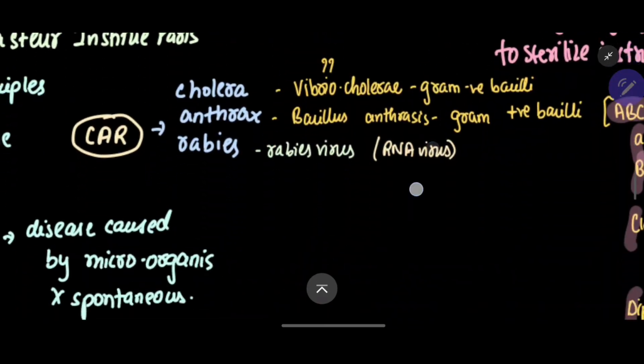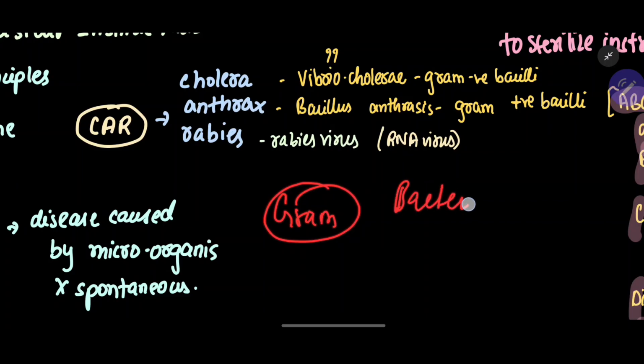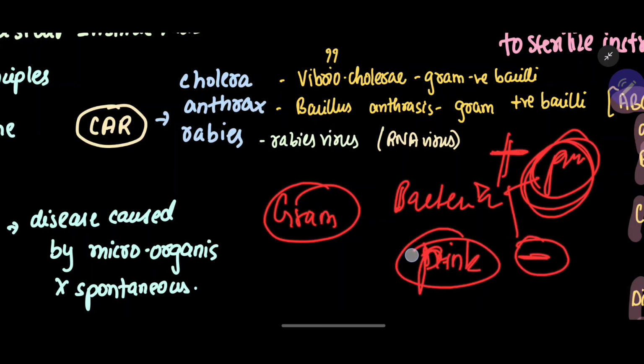But I just want you to know that there is a stain which is a gram stain. When you stain your bacteria, some bacteria give a purple color. If they give a purple color, they're called positive. If they're pink in color, it's called negative, and it's called gram negative bacteria.